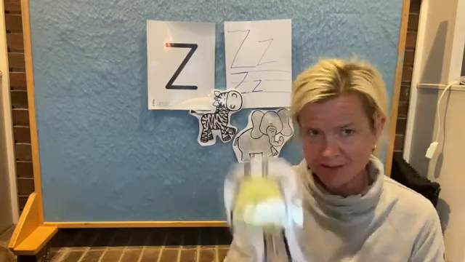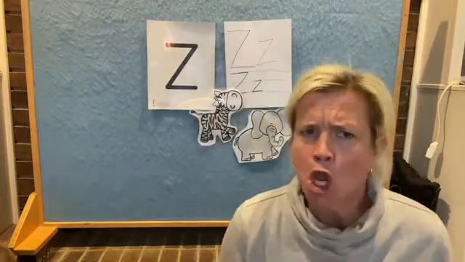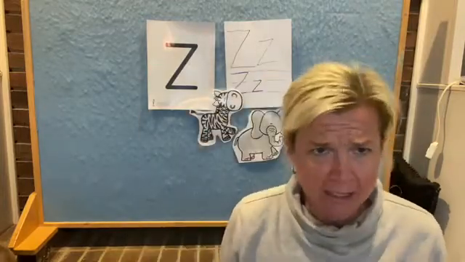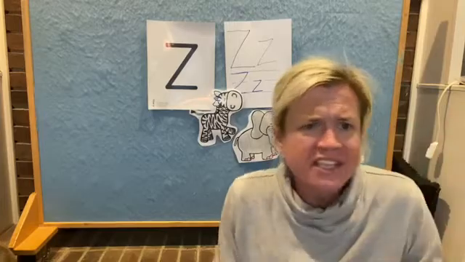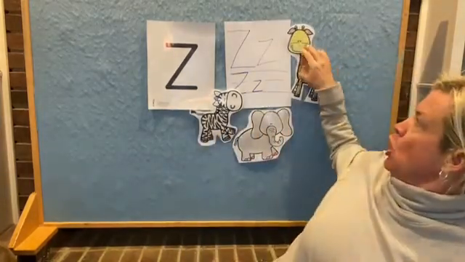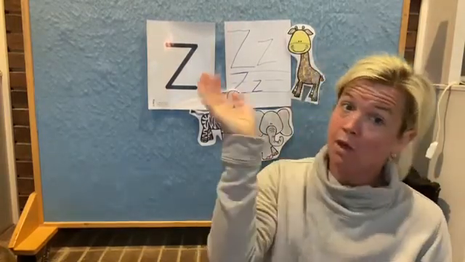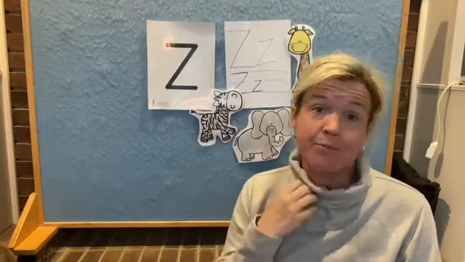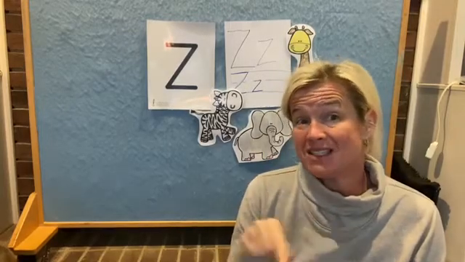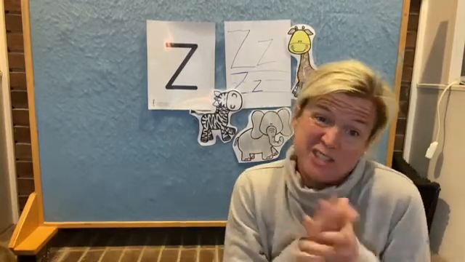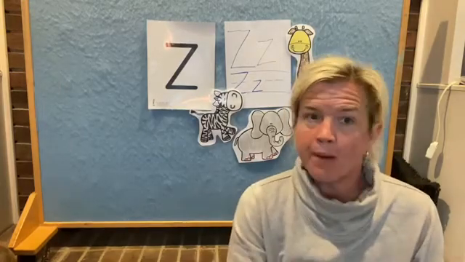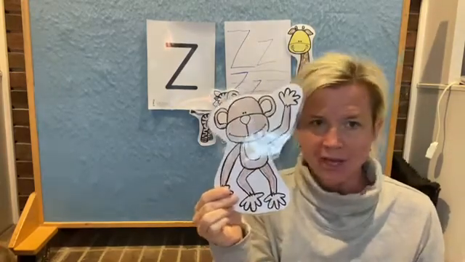The giraffes, they said, no one's going to see our long necks anymore. And what did they do, friends? They knit long turtleneck sweaters to cover up their whole neck. I have a turtleneck on today. I'm probably going to have to take it off later because it's going to warm up, but right now it's just a little bit chilly, so I have it on. And the monkeys? There was no monkeying around from those monkeys.